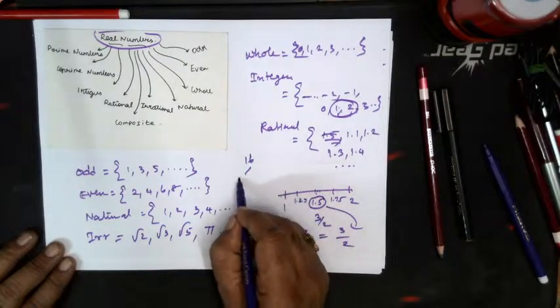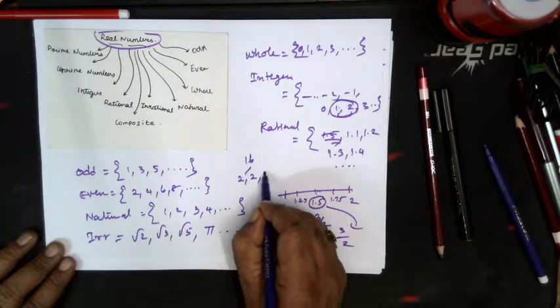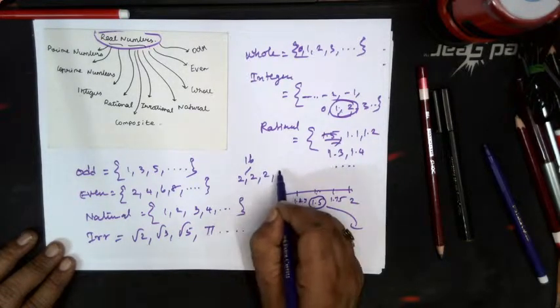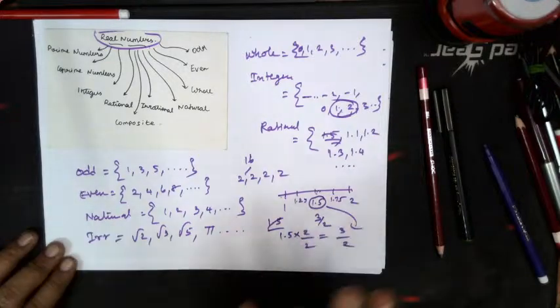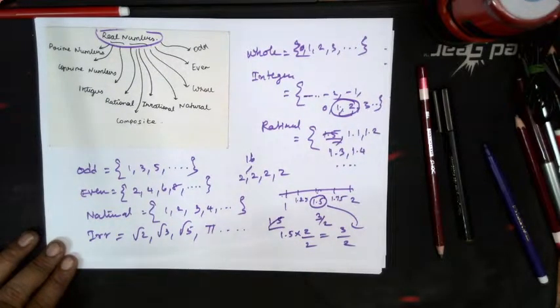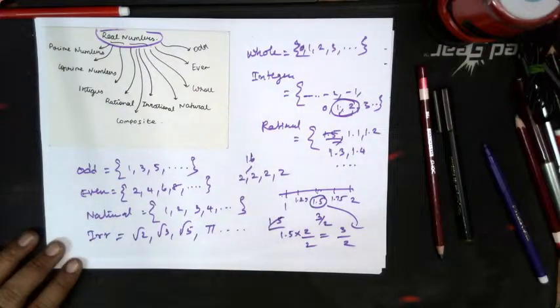That is 2, 2 twos are 4, 4 twos are 8, and then 2. You can further split it. Composite numbers will have some factors, so they are factorizable.